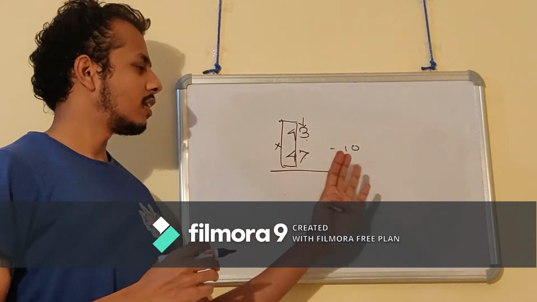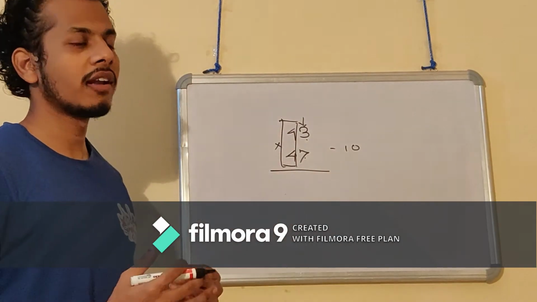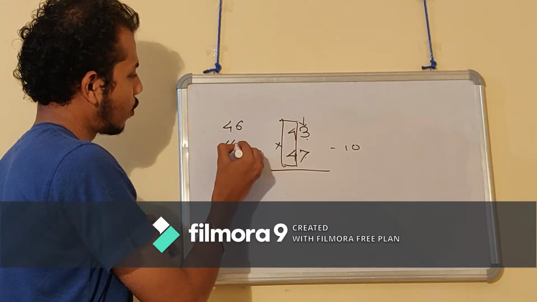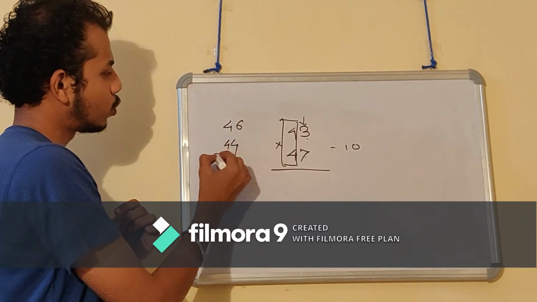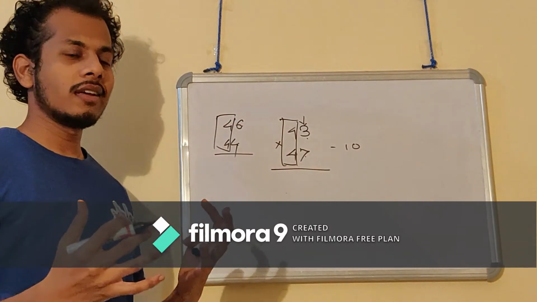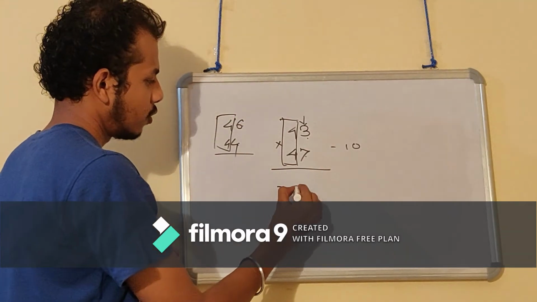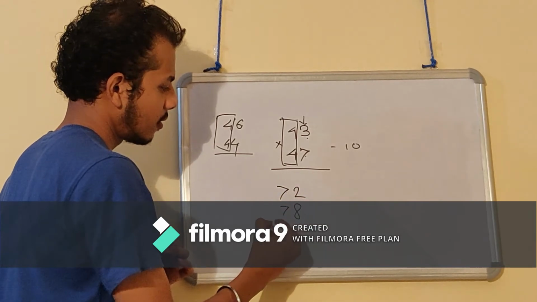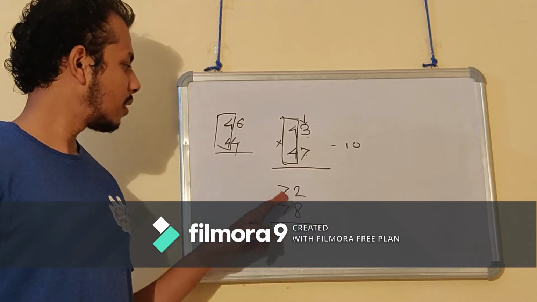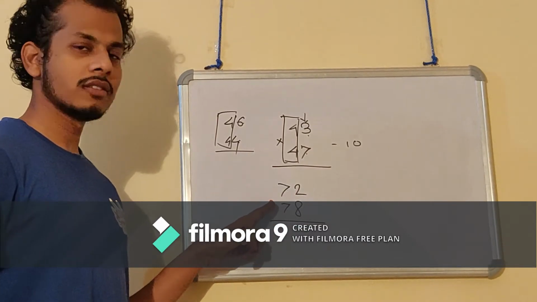There are other numbers too. Just to understand, I will write on the board. Let's say 46 and 44. The sum of the unit digits is 10 and the remaining part is the same. There is another pair, let's say 72 and 78. The unit digits add up to 10 and the remaining part is the same.